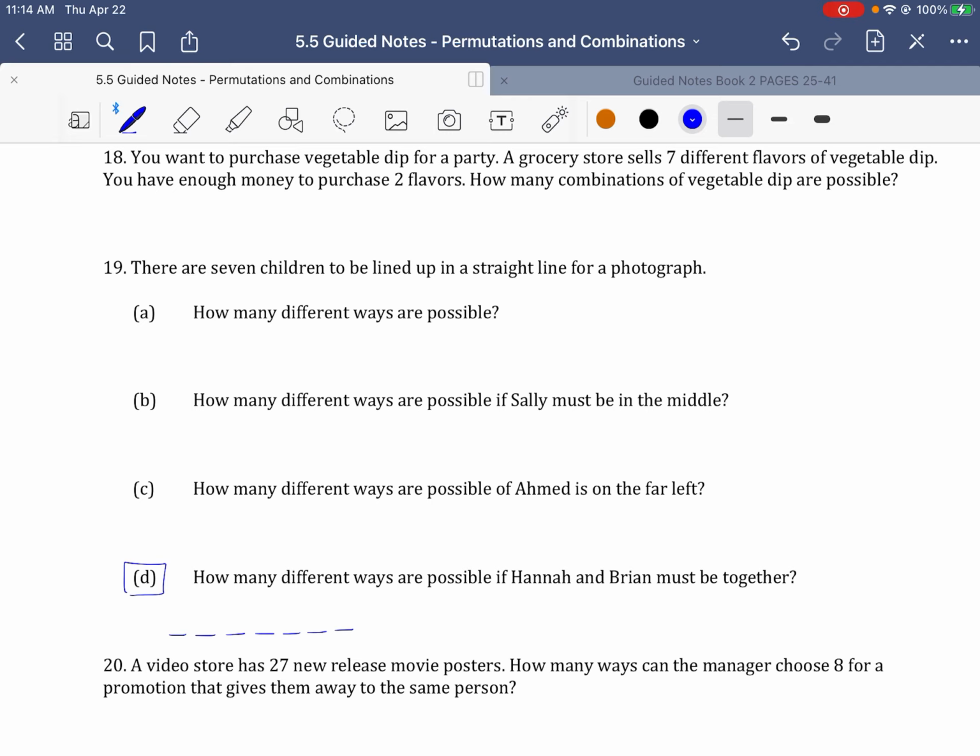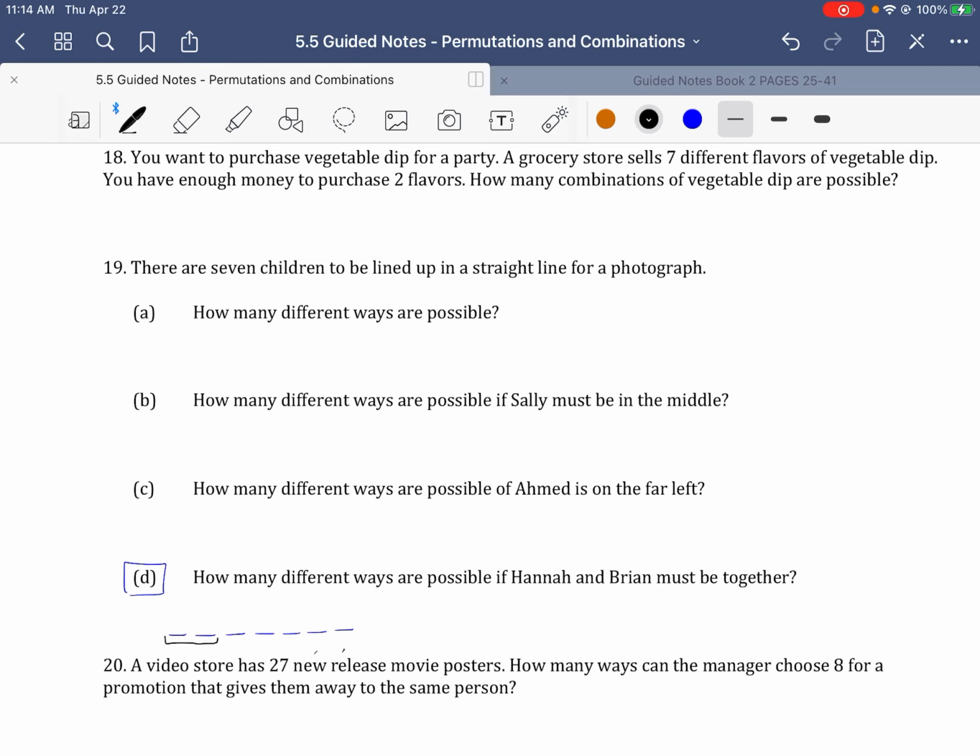And we're being asked if Brian and Hannah have to be together. Now, again, we are looking at moving them around. As long as they're together, though, they get to belong in here. So essentially, they kind of come as their own pair. So if you think about it, these 2 or any 2 are kind of like stuck together. And then we're permuting this other, well, I shouldn't make that look like a group.